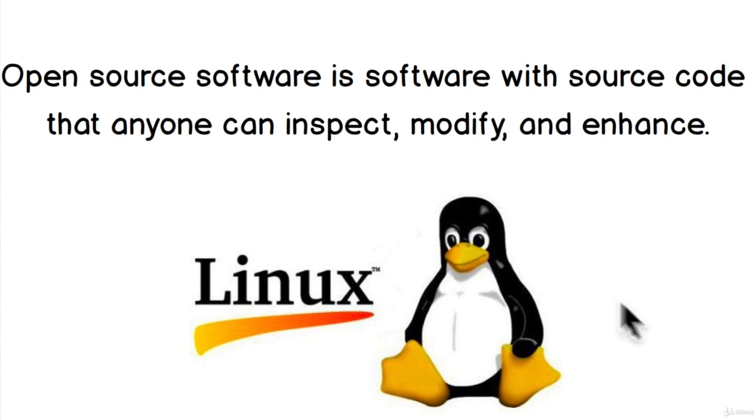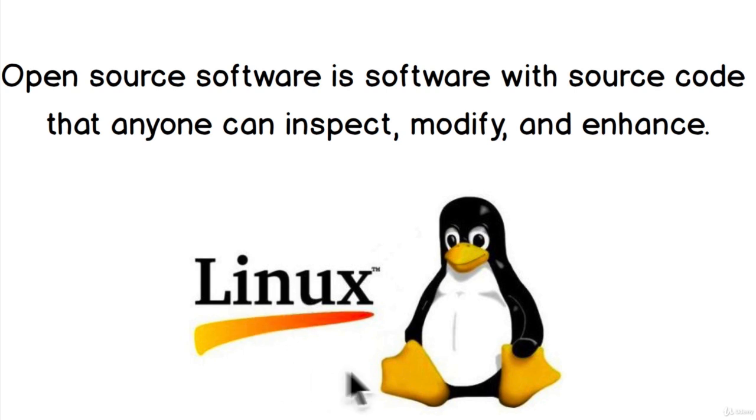For example, the most famous example of an open source project is Linux, an operating system just like Windows or Mac OS, except it's built by everyday programmers. And it's code that is completely open sourced.